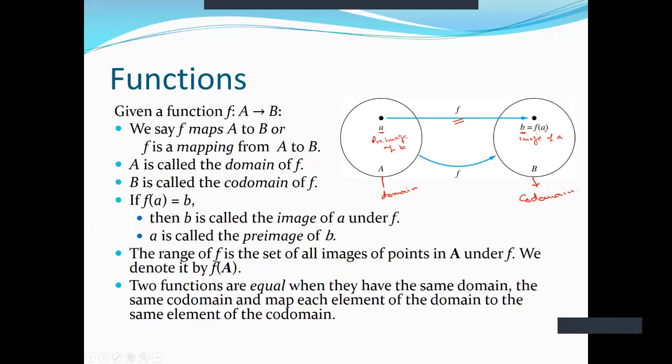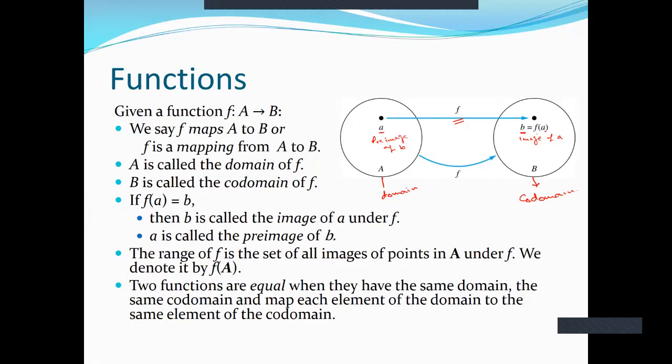And then there is another terminology that we call range. What do we mean by range? The range of function f is the set of all images of points in A under f. What does it mean? Okay, so we have this complete set A, but that does not mean all the elements are mapped to some element.